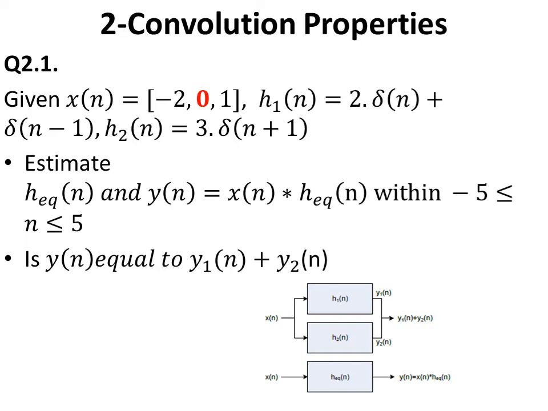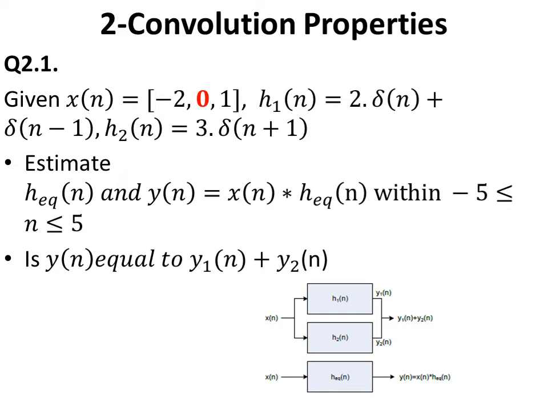In here, your input will be x[n] to h_eq[n], right? Then the output will be y[n], which is equal to x[n] convolution with h_eq[n]. So what is y1[n]? y1[n] is x[n] convolution with h1[n]. Then what is y2[n]? x[n] convolution with h2[n], right? And the total output will be the addition of y1[n] and y2[n] in the first figure.